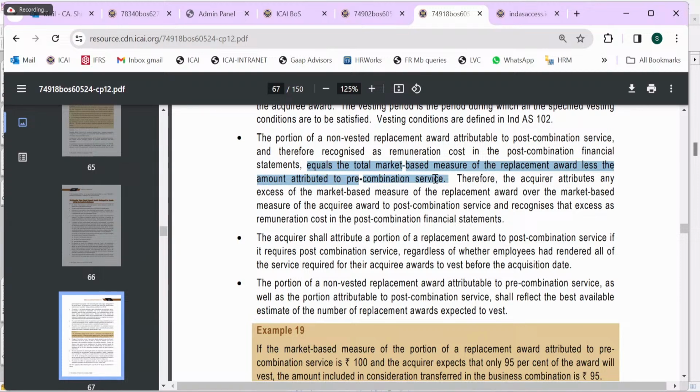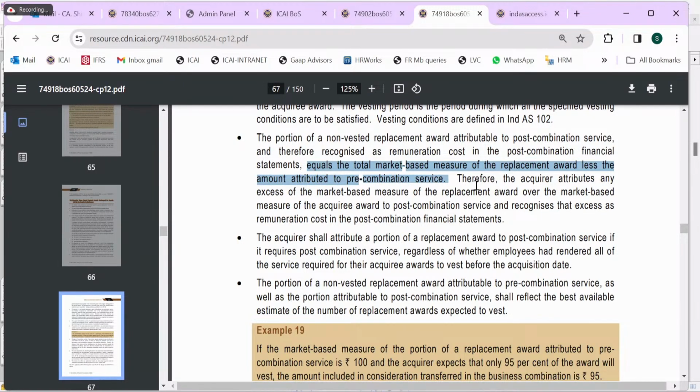By this formula, we'll be calculating the pre-combination service award value measurement, and then how to compute the post-combination. For the post-combination service period, we have to take the fair value of the replaced award, not the original award.